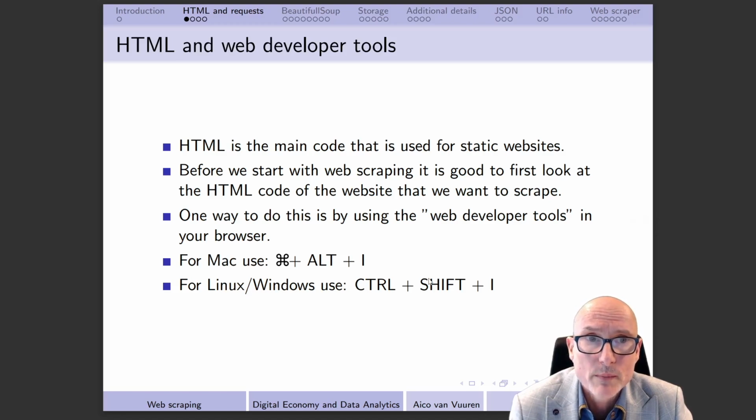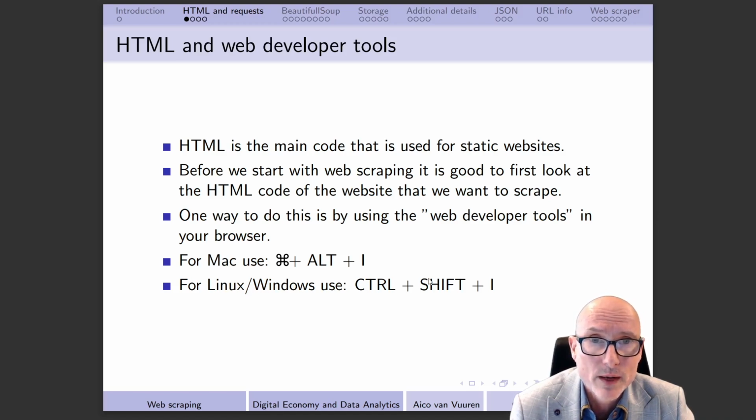Today I'm only going to talk about static websites. First of all, if I were to look at dynamic websites, then I would also need to look at JavaScript, and I don't have the time to discuss all of that. And another reason, maybe the most important one, is that I found out that in most practical situations in which you would like to do web scraping, it is enough to know something about static websites.